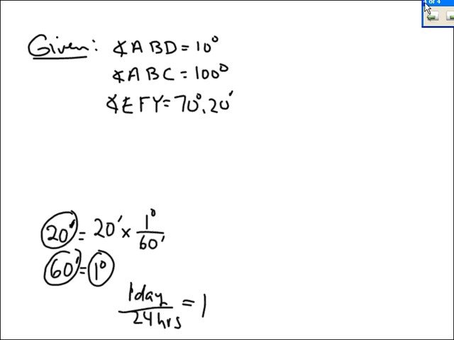Now, first let's make the degree symbol look more like a degree symbol. First thing is minute divided by minute cancels out, and 20 goes into 60 3 times. So you have 1 over 3, and the units are degrees. 20 minutes is a third of a degree.